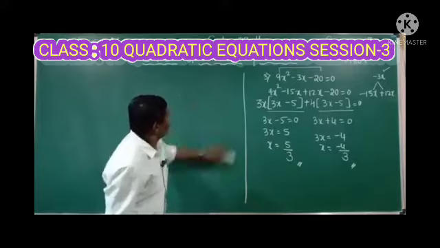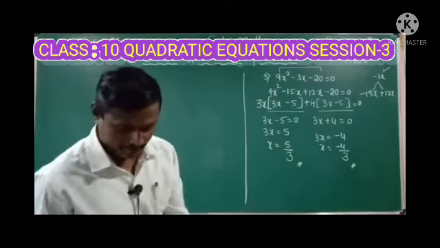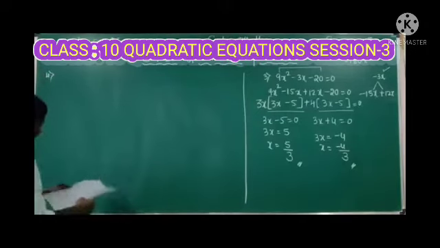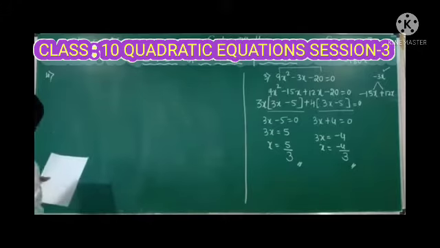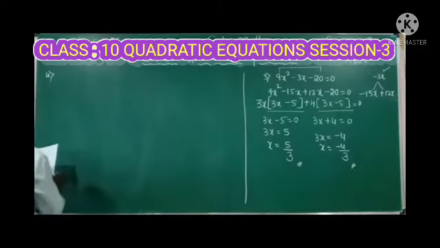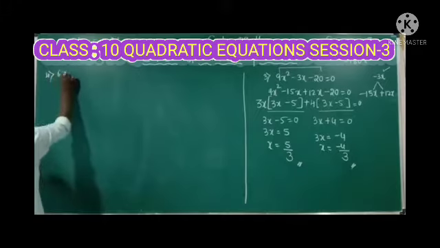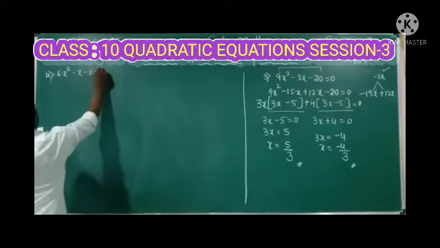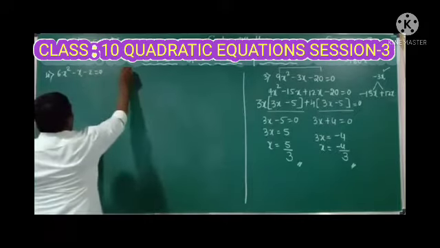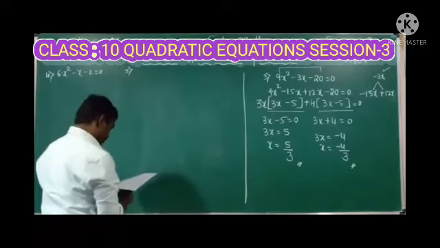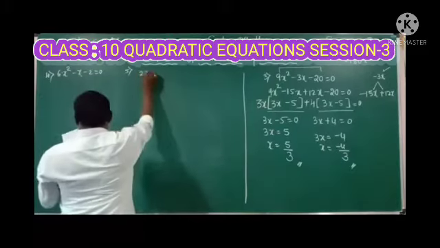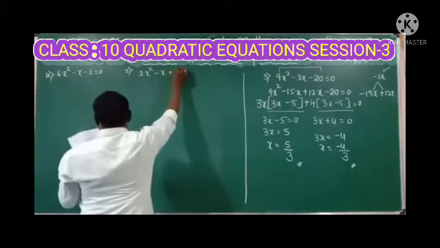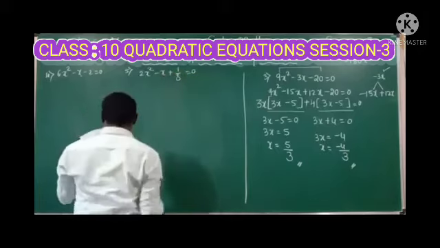Next, see the next question, the fourth one: 6x square minus x minus 2 is equal to 0. Fifth one: 2x square minus x plus 1 by 8 is equal to 0.